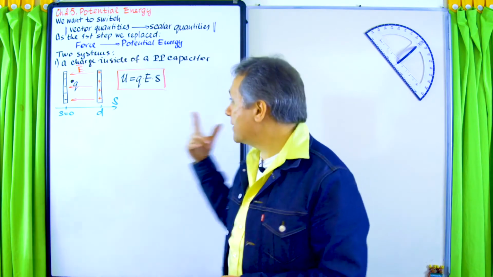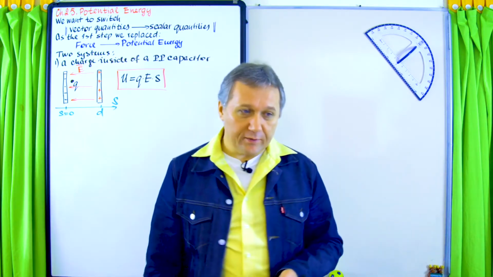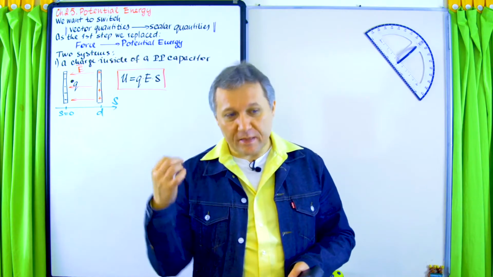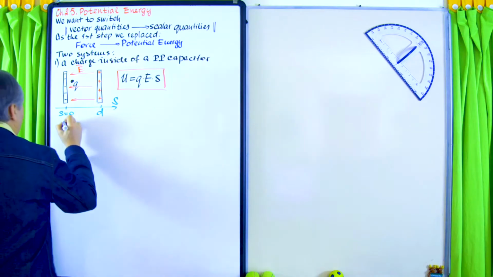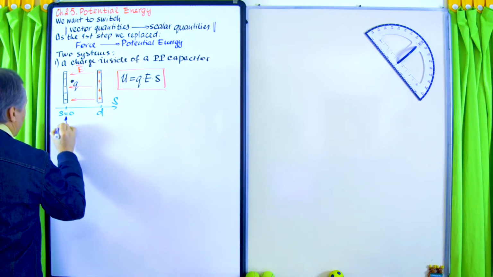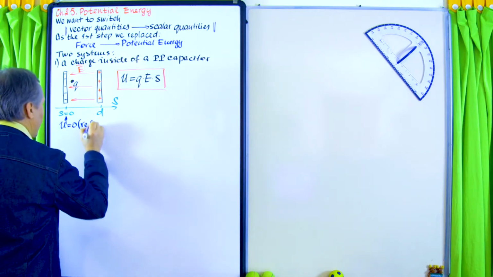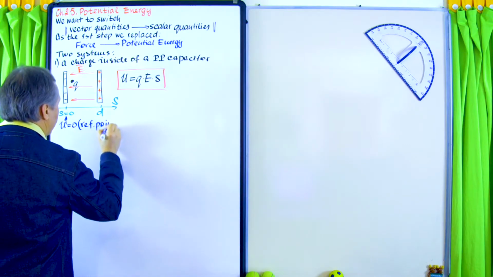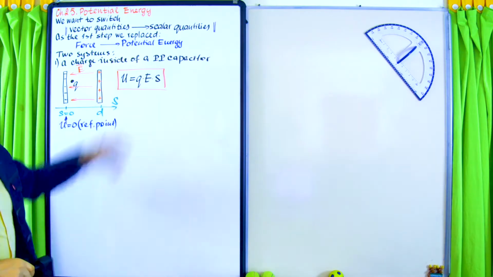In this case, the reference point is at the negative electrode. It's the point where the potential energy equals 0. Maybe I should write this: this is the point where U equals 0. So that's the reference point. Maybe I should write ref point. Okay, so we're going to use this.